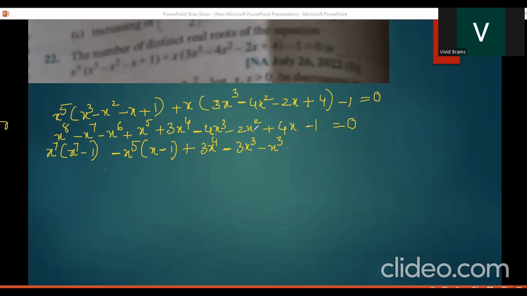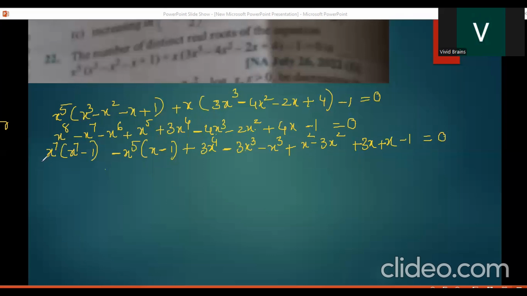Minus 3x^3 minus x^3 I have written, and then I can split this as plus x^2 minus 3x^2, so it is minus 2x^2. And here in the same manner, I am going to split this as 3x plus x minus 1 is equal to 0.